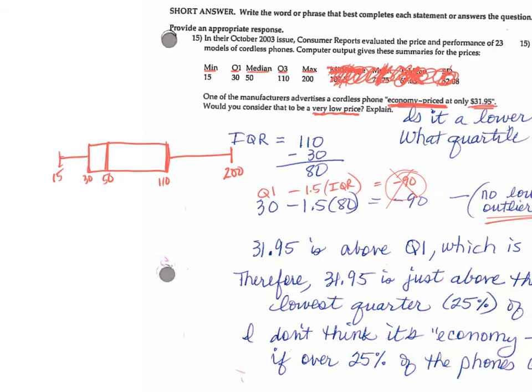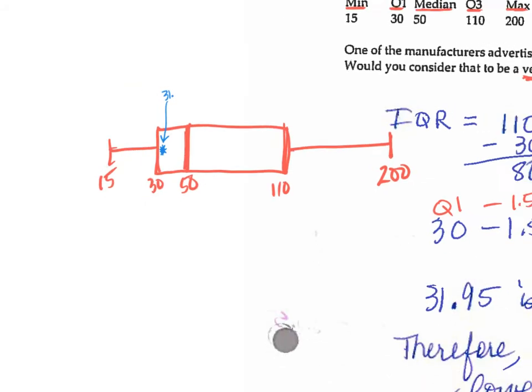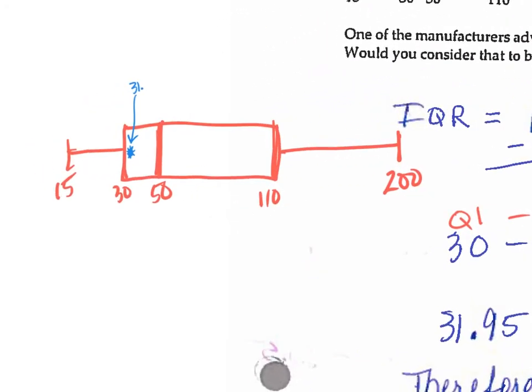So if you look at this rough box plot sketch, where is this so-called economy priced item located? Well, this economy priced item is located right here at 31.95, or whatever that price was. Well, where is this in relationship to all the other data?